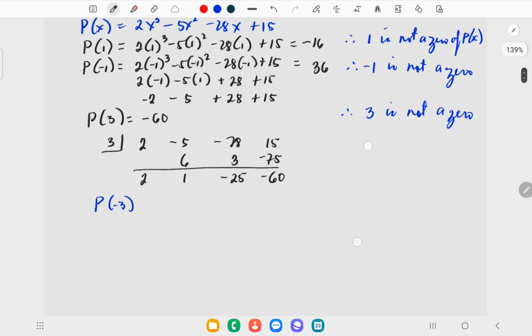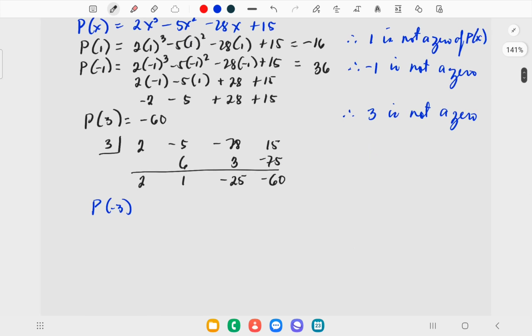Let's see. So we still have the first row to be 2, negative 5, negative 28, and 15. What are we checking? Negative 3. Thus we have 2. 2 times negative 3 is negative 6. Negative 5 and negative 6, we have negative 11.